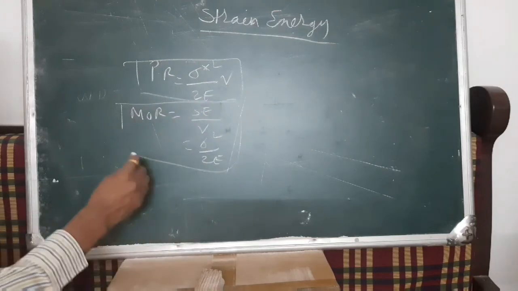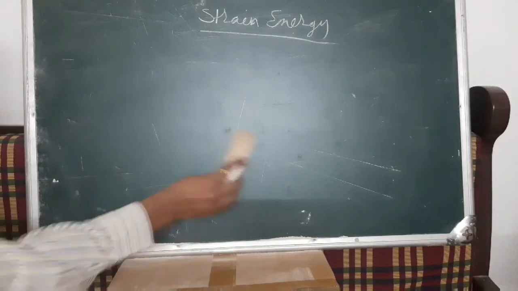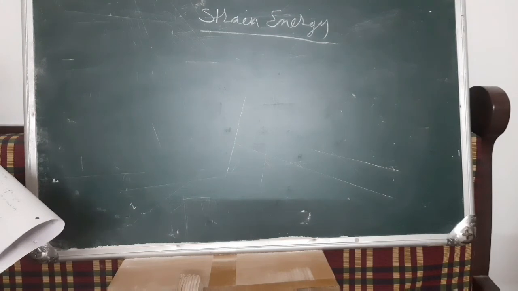Now if you want to go for a suddenly applied load, in that case, when the load is applied suddenly to a body, the load is constant throughout the process of deformation of the body.